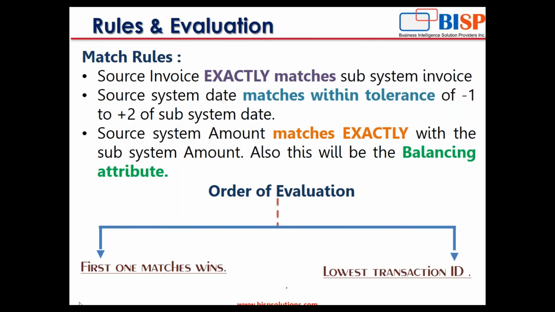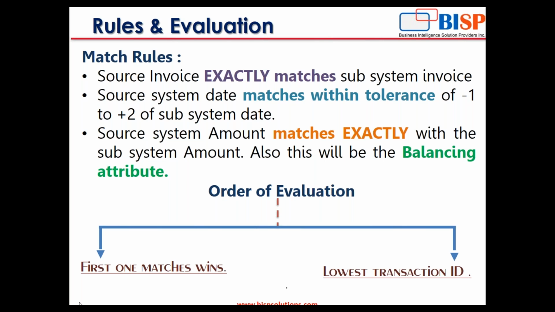So the lowest ID, of course, will be the first loaded transaction. That means the transaction that has the lowest ID, because it was loaded first, will be given the priority, and it is going to be matched first, and then the second, the third. So it is in ascending order.